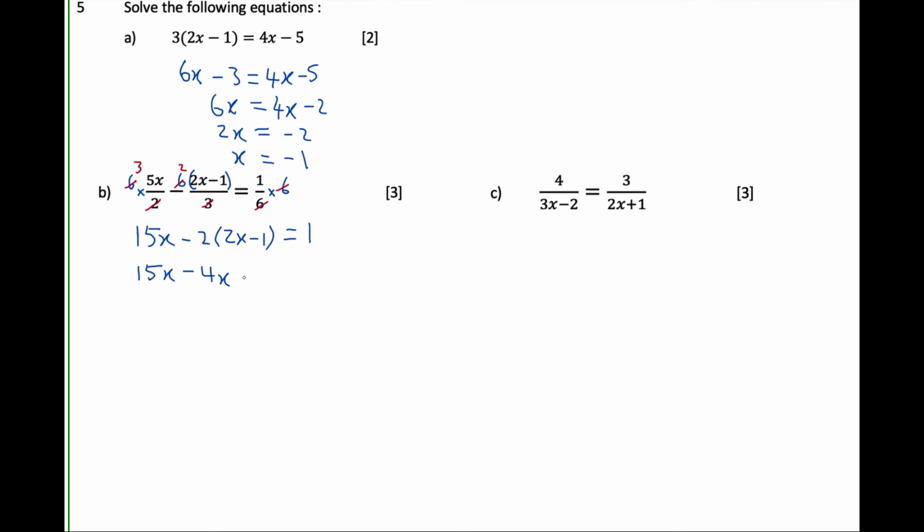Minus times minus is plus. 2 times 1. 15x minus 4x will give us 11x. And now we get rid of 2, subtract 2. Subtract 2 here to give negative 1. Divide by 11. Divide by 11.